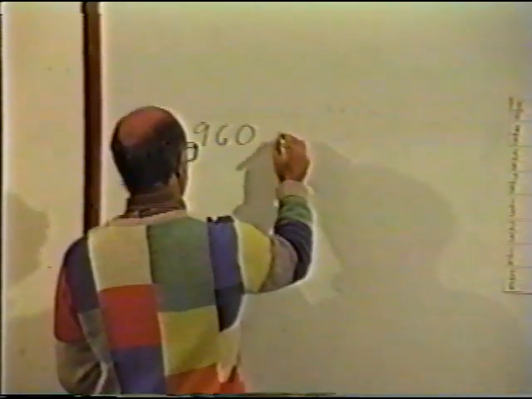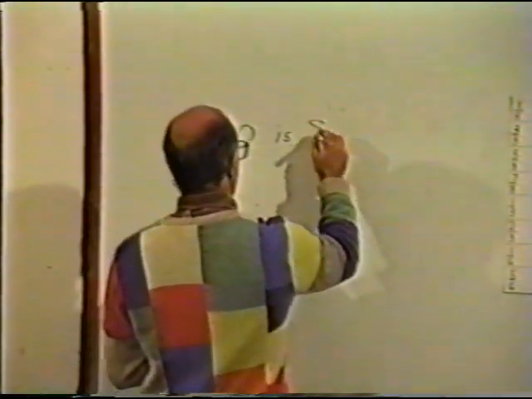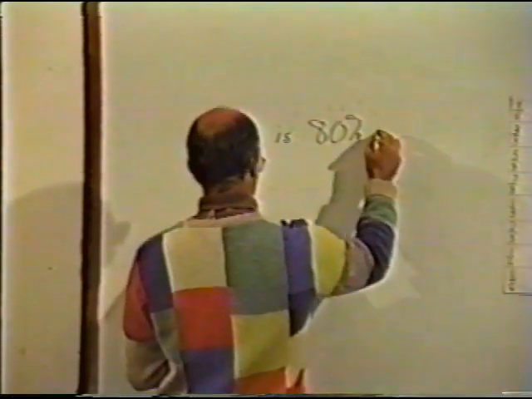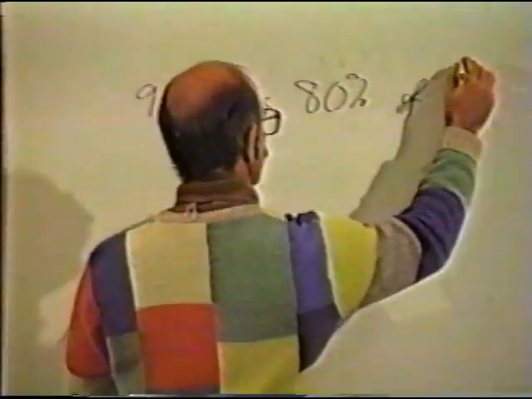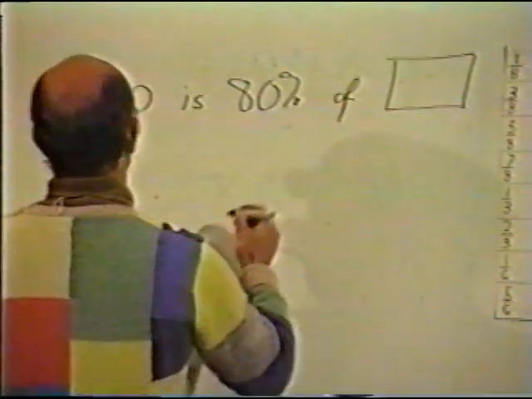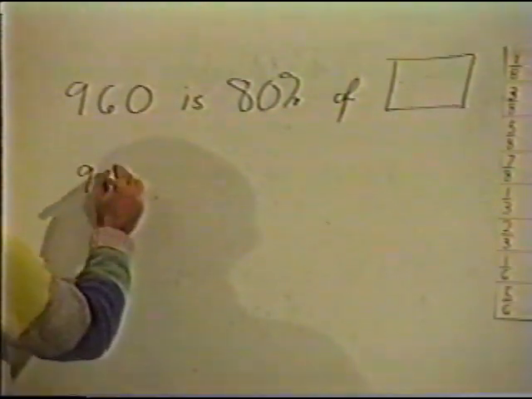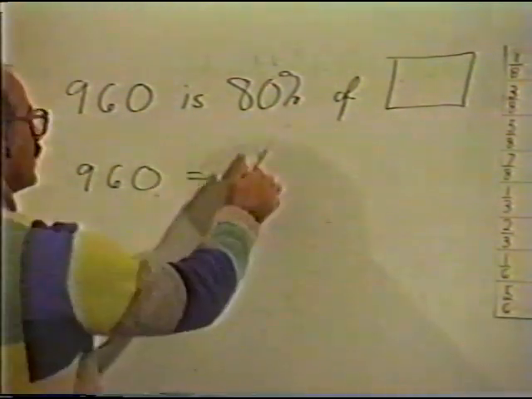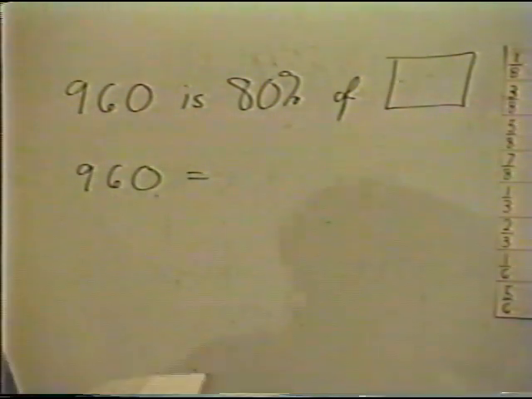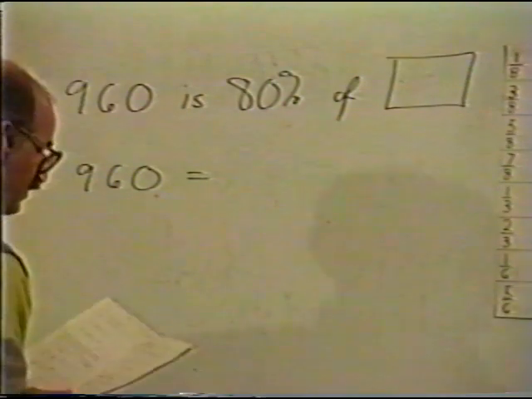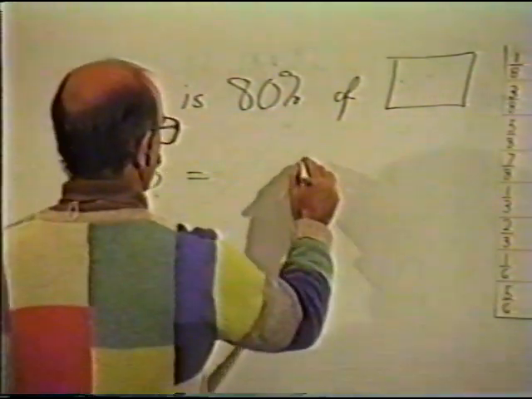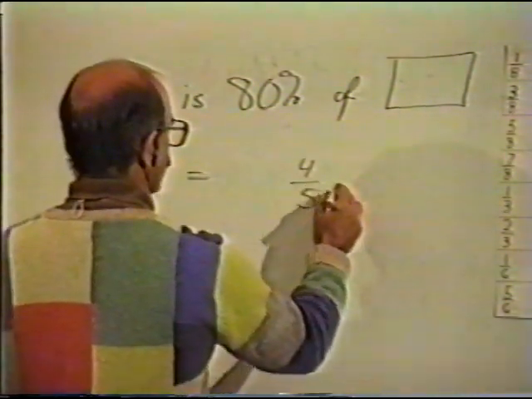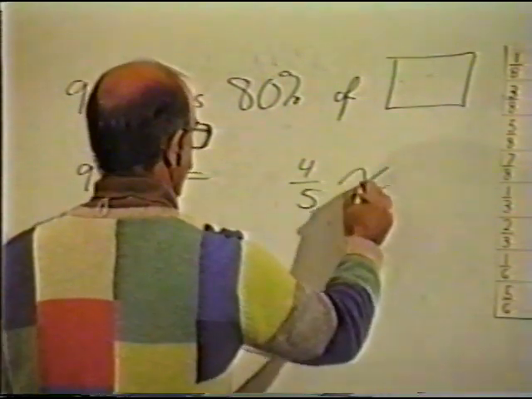$960 is 80% of what? 960 equals, what is 80% as a fraction in lowest terms? 4/5. 4/5 x.